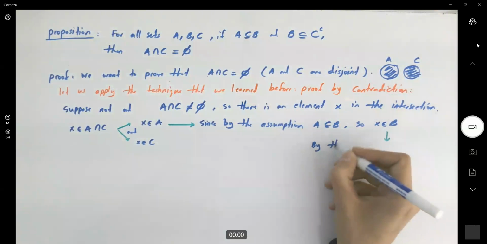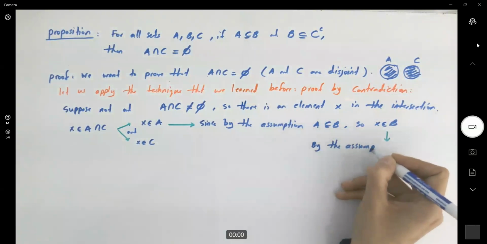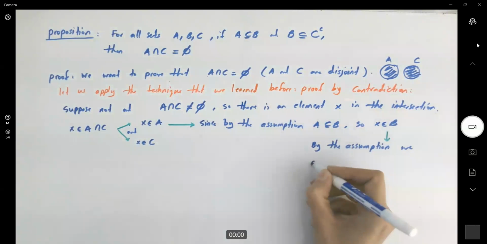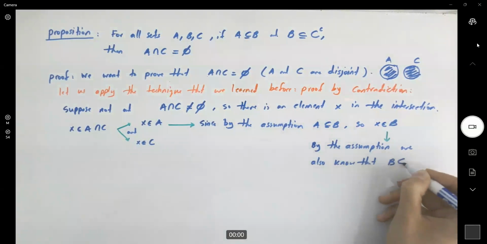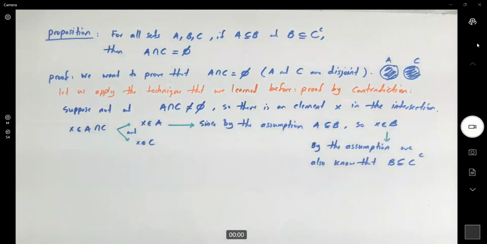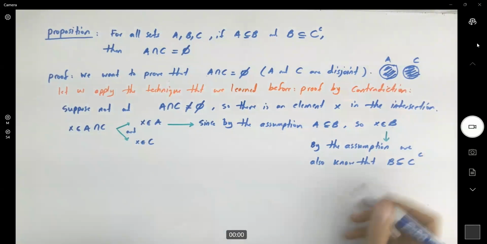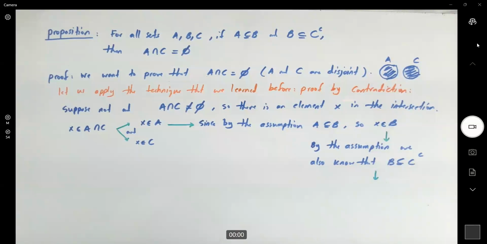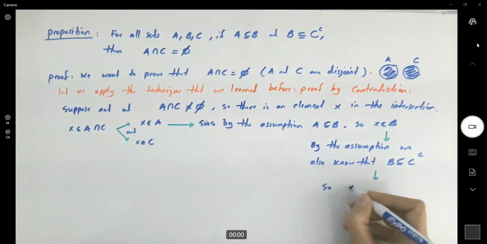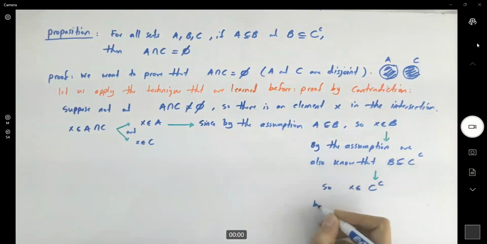By the assumption we also know that B is a subset of the complement of C. So it means that X belongs to the complement of C. By definition, if X is in the complement, X is not in set C. Do you see the contradiction?